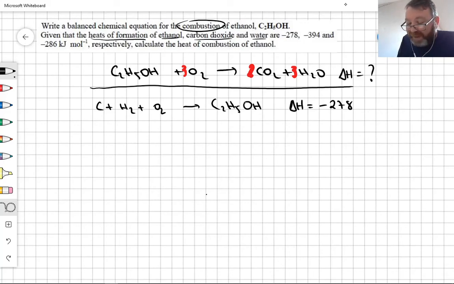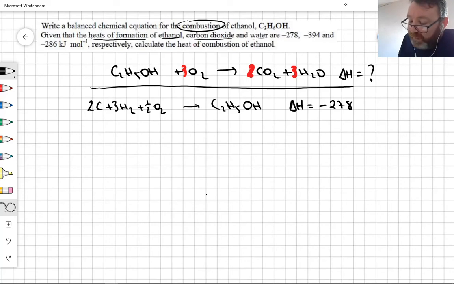So I can only balance the left hand side. I need 2 carbons to match the 2 carbons here. I want 6 hydrogens, so a 3 there, and I want 1 oxygen, so a half there. Now, if this was chemistry, the half would not be very welcome. But because Hess's law is a mathematical exercise, we're going to put the half in just to make sure that it's balanced according to the mathematical needs that we have.